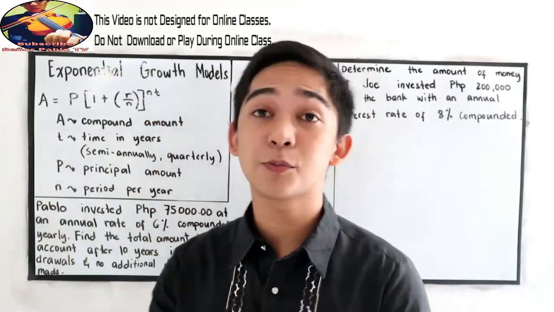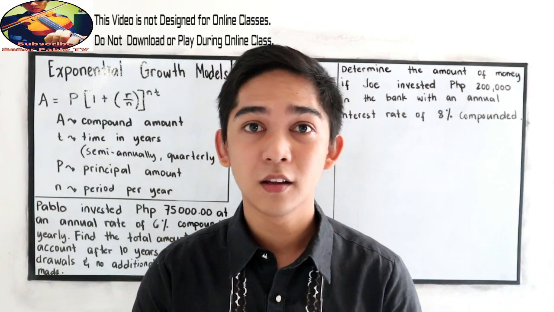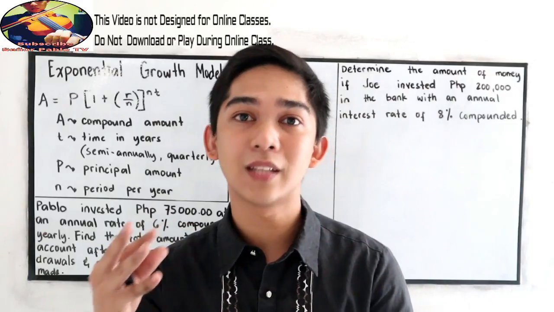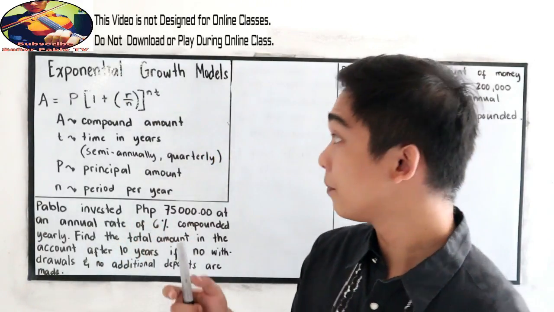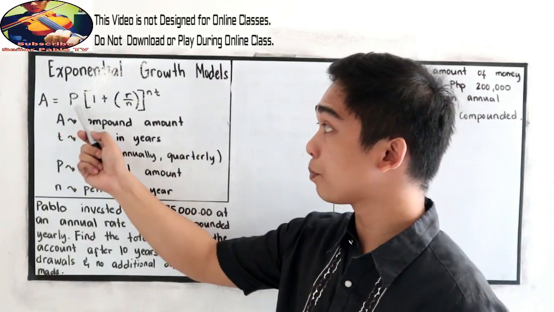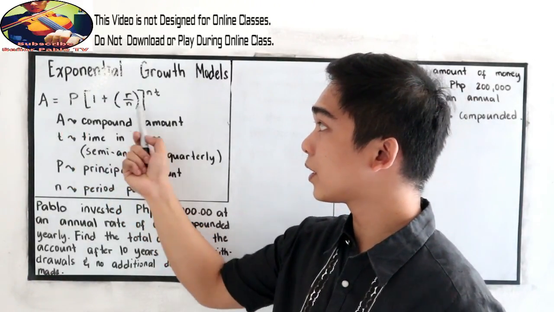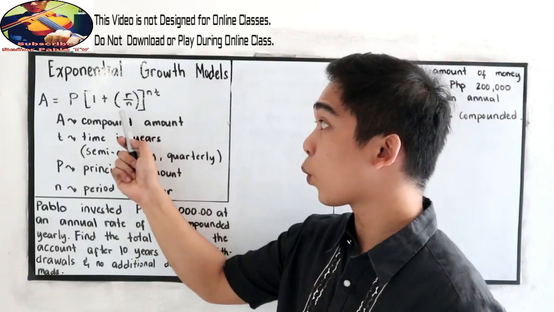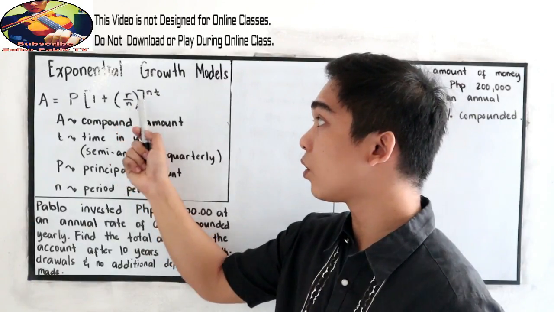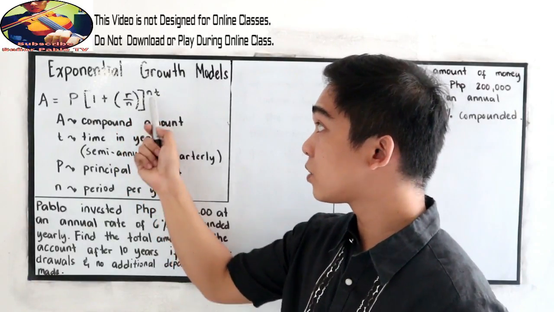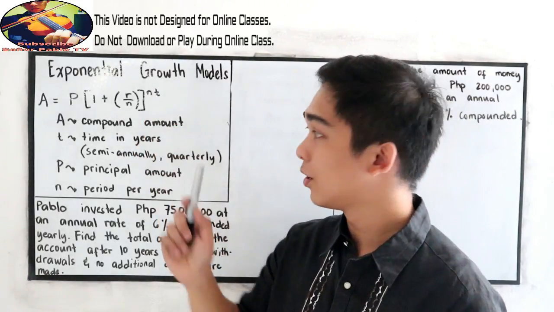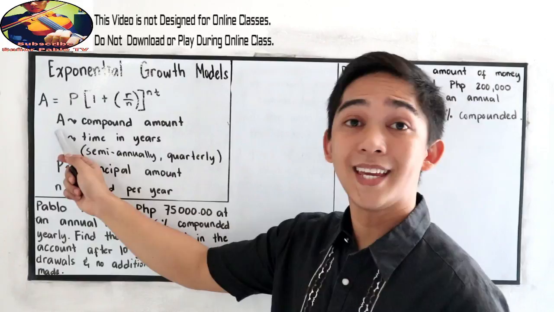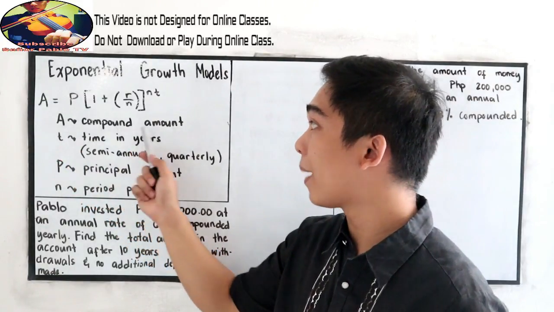Now we have the exponential growth model in terms of compounding. We have a new formula. A is equal to P times the quantity 1 plus R over N, raised to N times T. Wherein A is the compound amount.